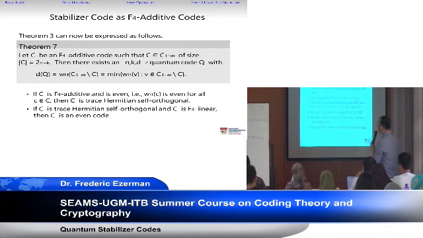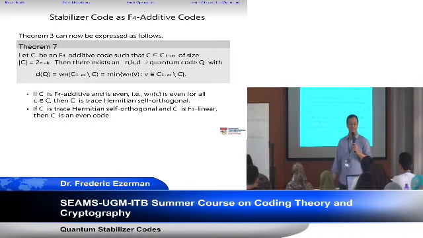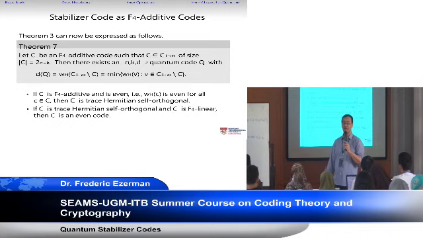Why so many works in MDS? Because MDS doesn't have a problem with the distance. We know completely the weight in the MDS code. In fact, my first paper with Markus Grassl and Patrick Solé, the motivation comes from Markus. Markus says, do we really know everything about the weight of MDS? The textbook says, yes, we know.